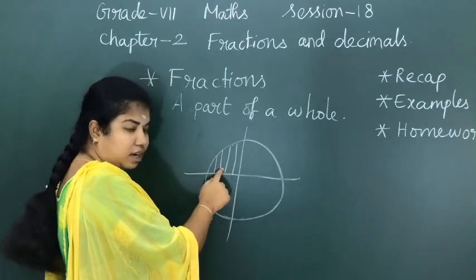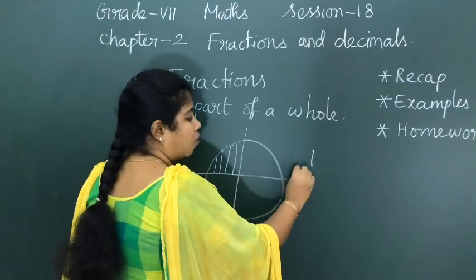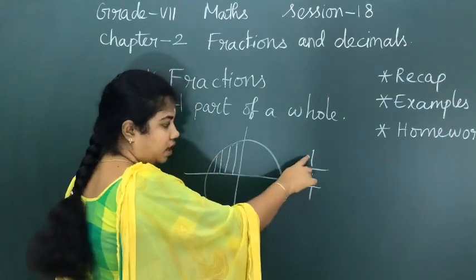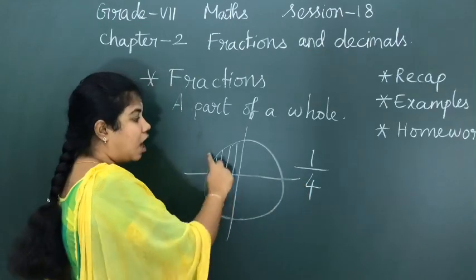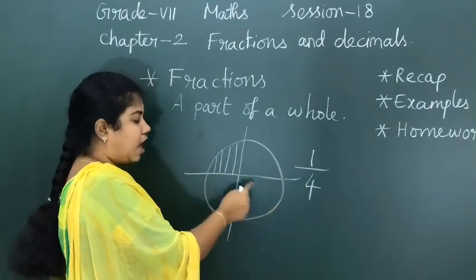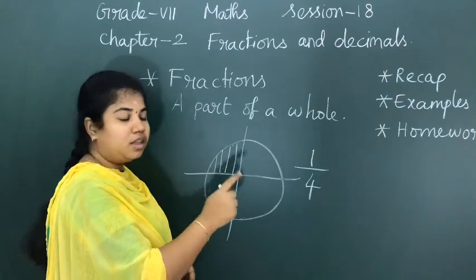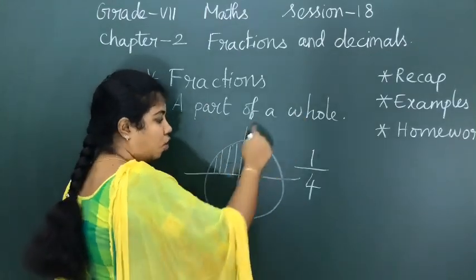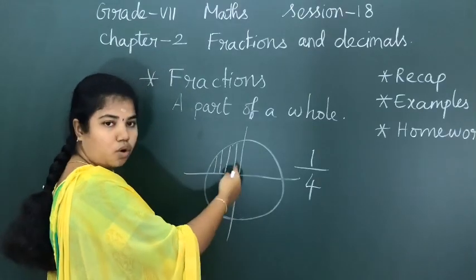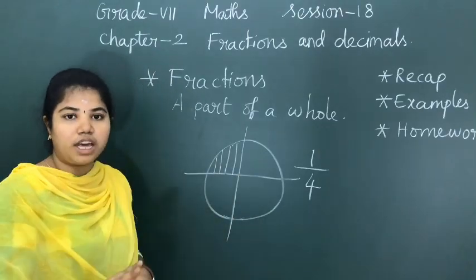It is 1 upon 4, or 1 by 4, which means among the 4 equal parts I am shading only one part. That is a fraction, a part of a whole. Are you clear about fraction?